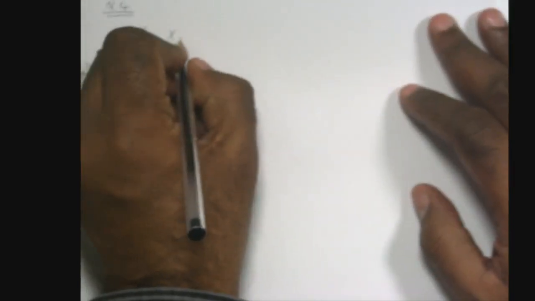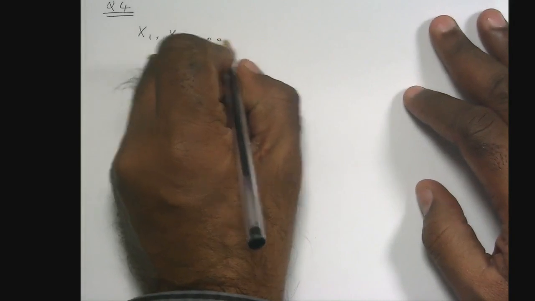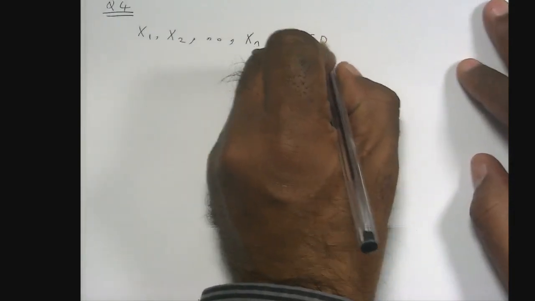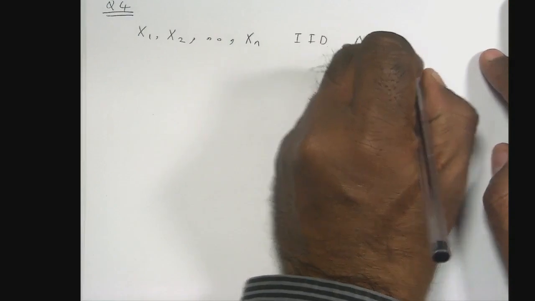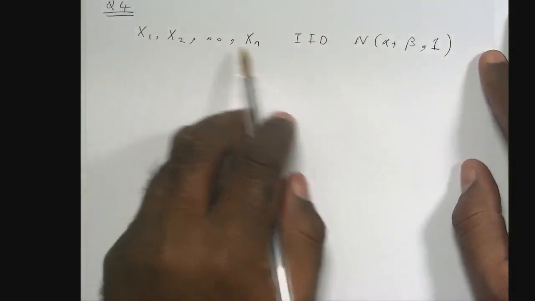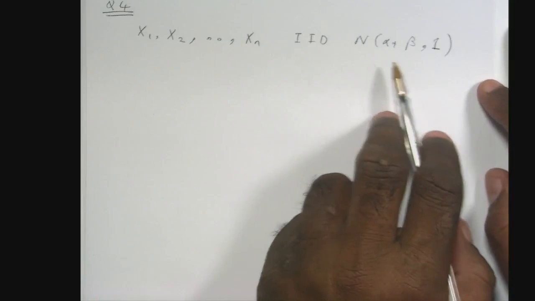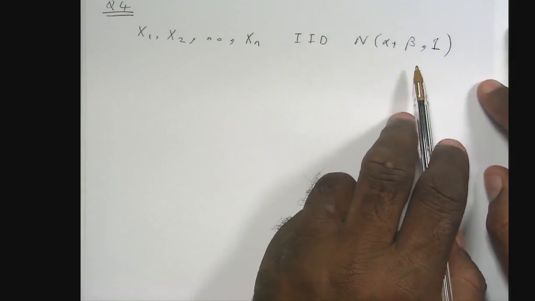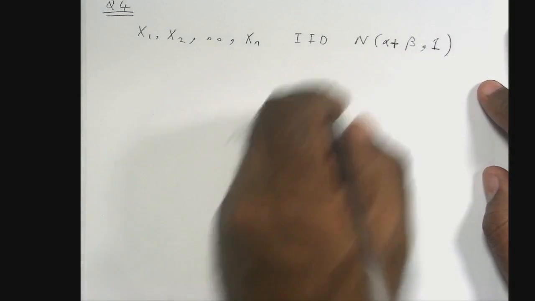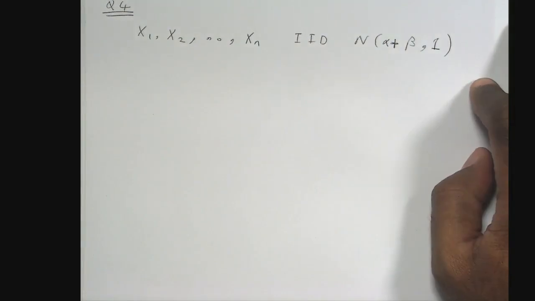If you haven't done question 4, can you listen, guys, please? You have a random sample from a normal distribution with these parameters. Now you remember what I taught you some time ago, that if you have a random sample from a normal distribution, then the MLE for the mean is the sample mean, right?